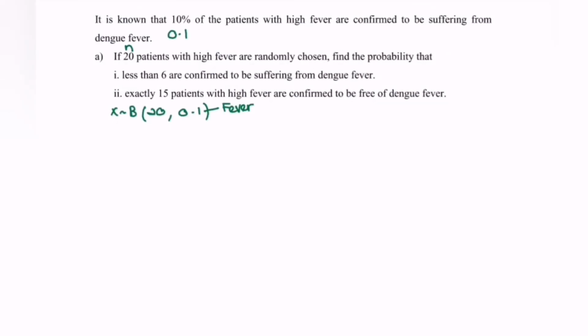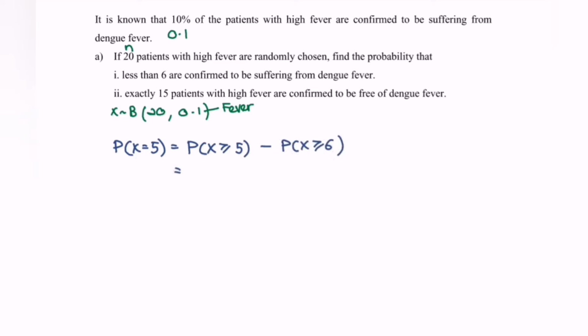Number 2, exactly 15 patients with high fever are confirmed to be free of the fever. So in here the keyword is free from the fever. We have 15 patients, so that means exactly 5 of them are suffering from the fever. By referring to the formula, probability that x is greater than or equal to 5 minus the probability that x is greater than or equal to 6.